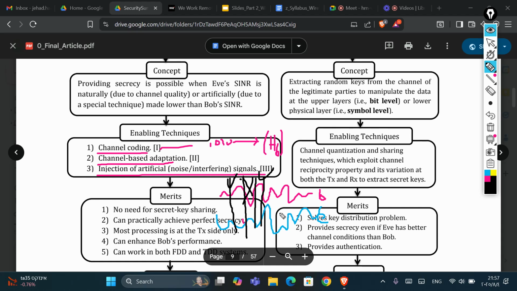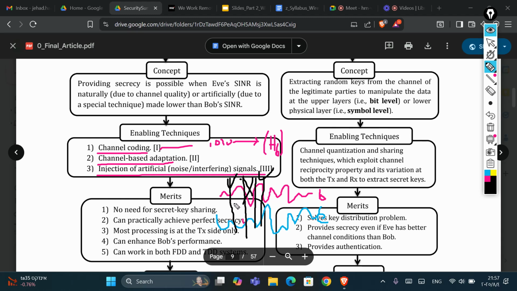So this is one example of adaptation: on-off transmission based on the small-scale fading channel condition. Another example is adaptive modulation.